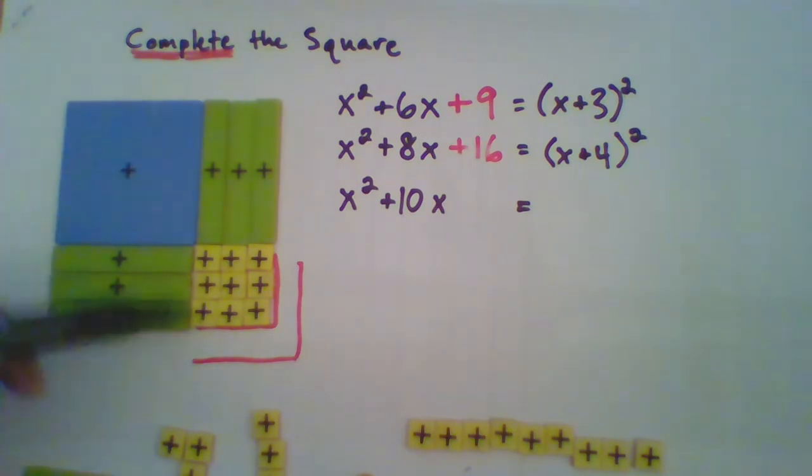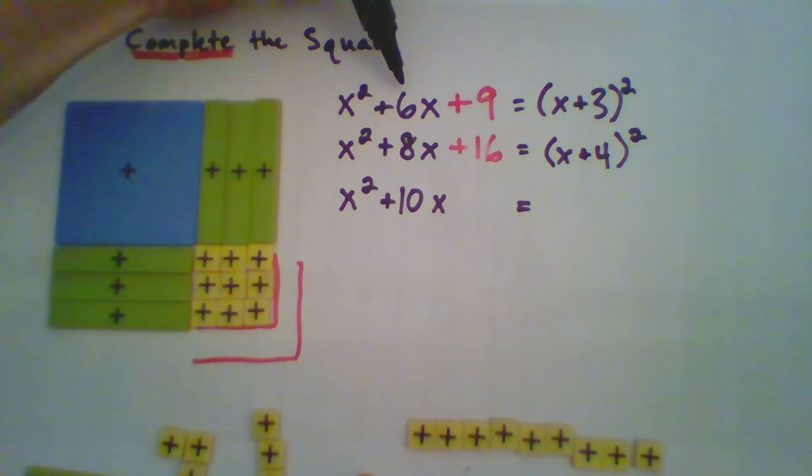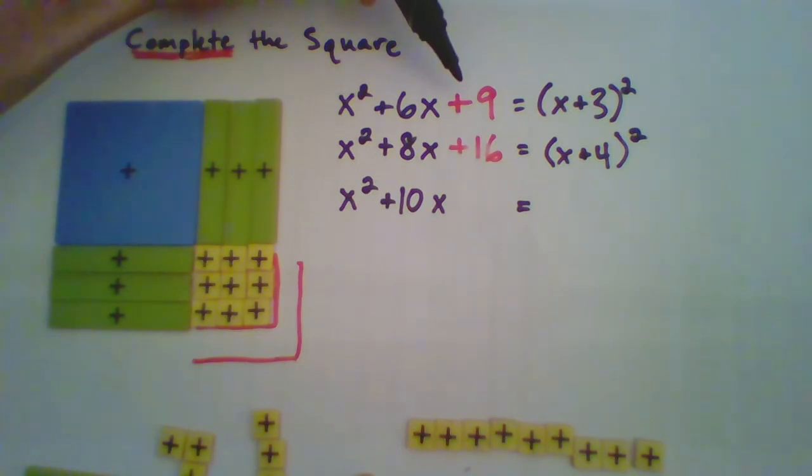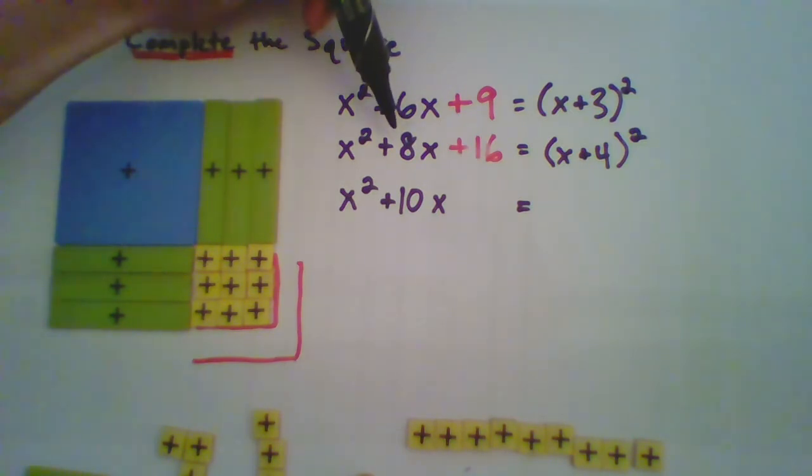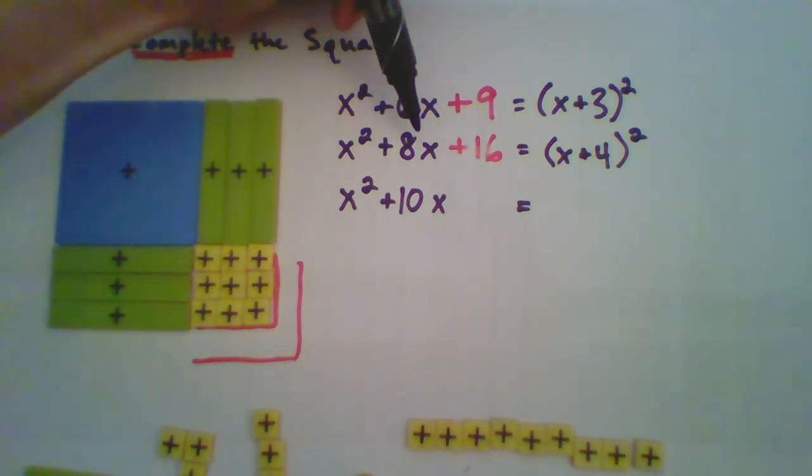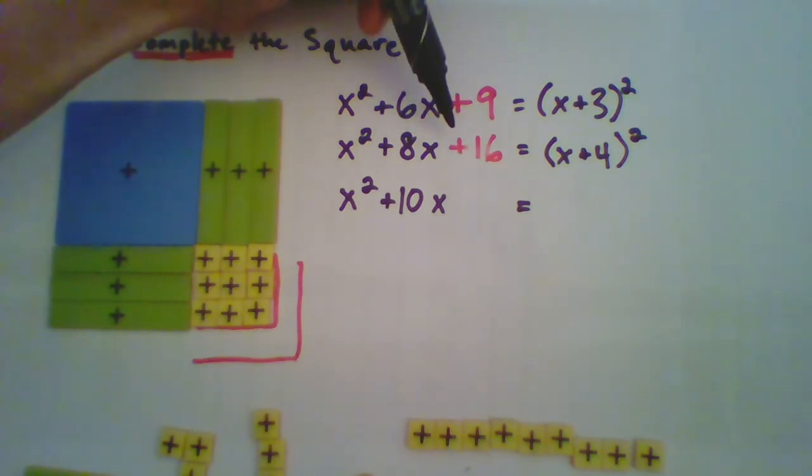And then the square that we had was 3 times 3, which is 9. So again, we take the number of x's, divide it in half, and then square it. 3 squared is 9. The same pattern works here as well. We had 8 x's. Half of 8 is equal to 4, and 4 squared is 16.